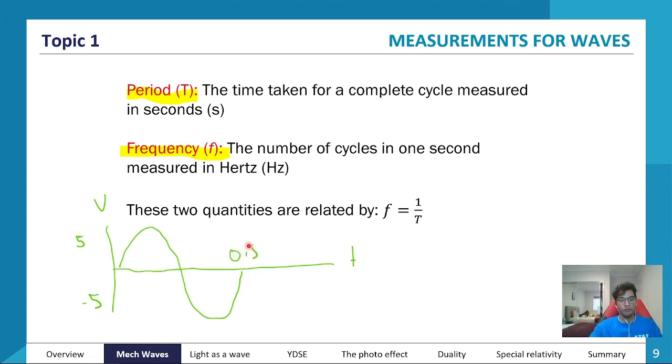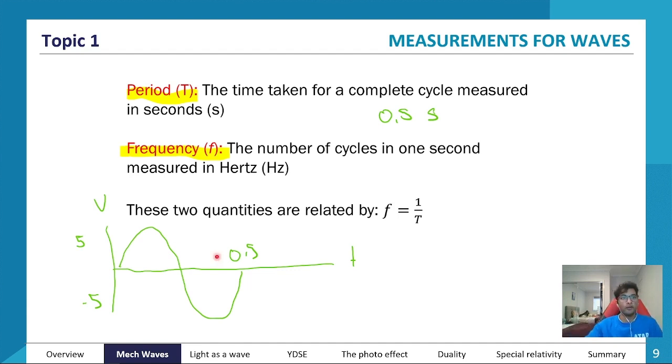The period of a wave is basically how long it takes for the wave to complete one cycle. In this case, since this is one complete cycle and it takes 0.5 seconds, the period of this wave is 0.5 seconds. The frequency is a measure of how many cycles we can complete in 1 second.